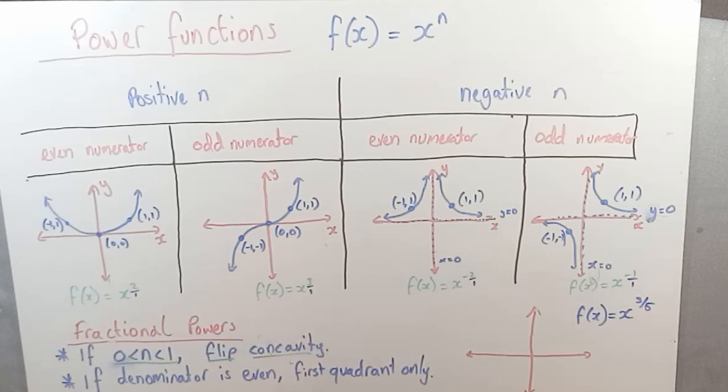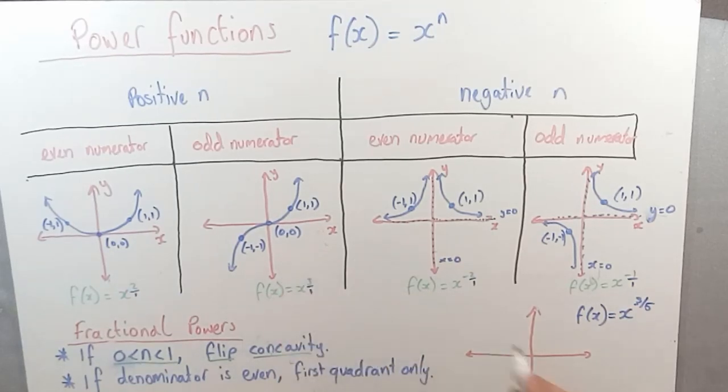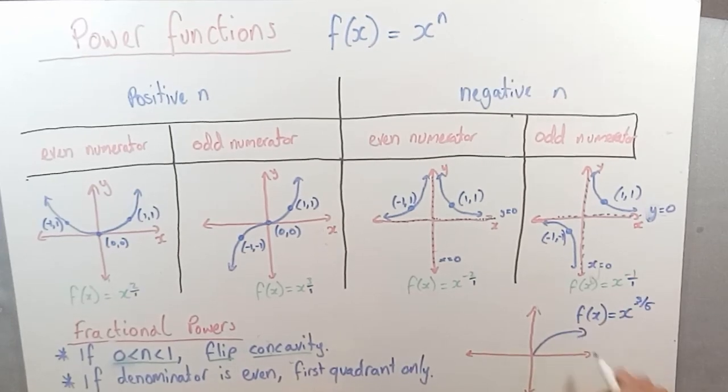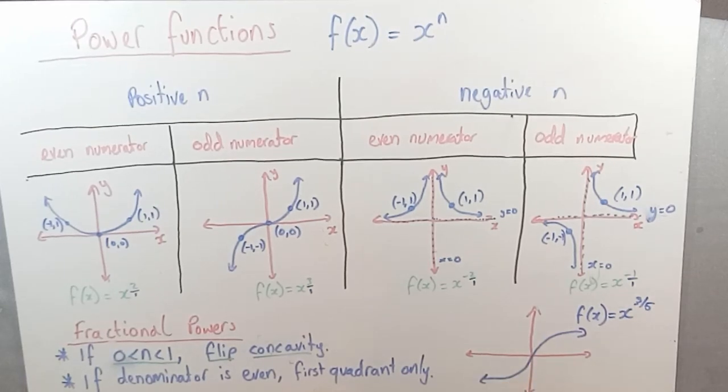So we've got an odd numerator, so we're looking at this one, but we just need to flip the concavity. So instead of going up like this, it's going to go concave down like that. Okay, again, like this, flip the concavity, and you get that. Okay, so that's going to be the shape. It's still going to go through 0, 0, 1, 1, negative 1, negative 1. Okay, let's do another one.